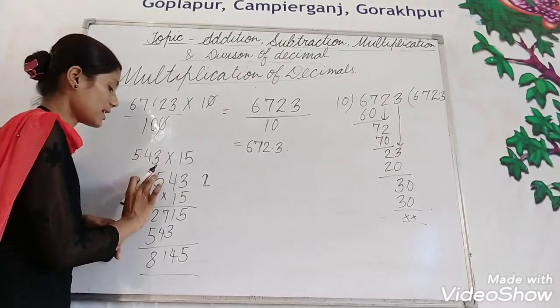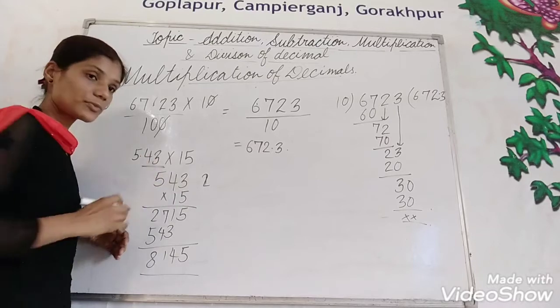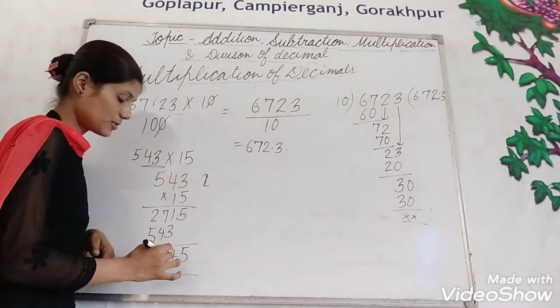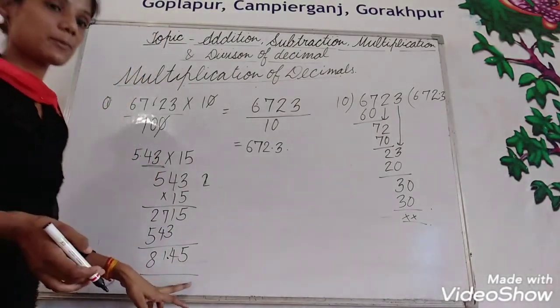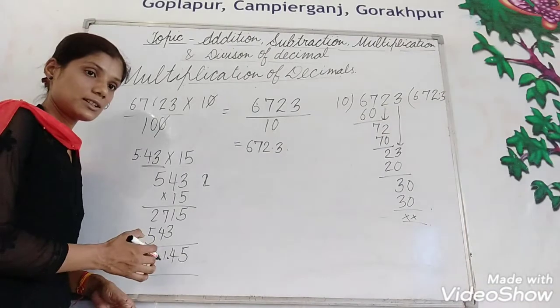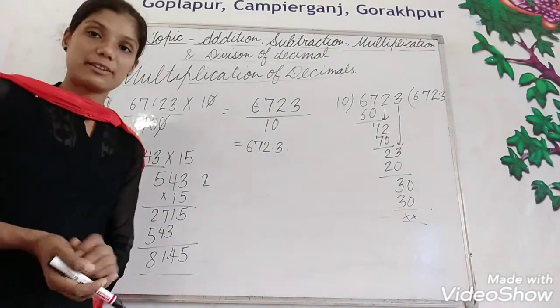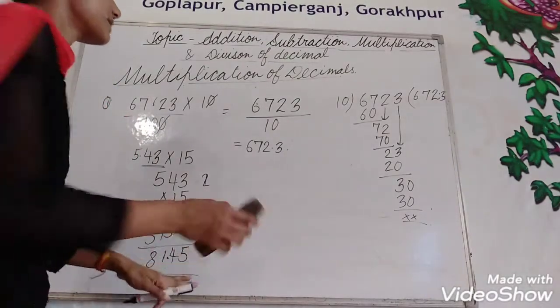After that, we check in the question how many decimal places are given: 2. So put the decimal after 2 places. This is your answer, 81.45.